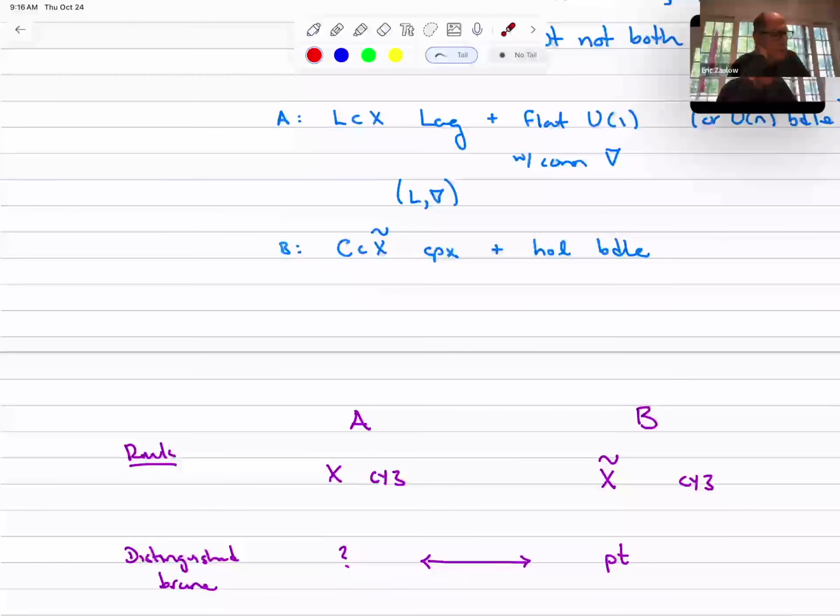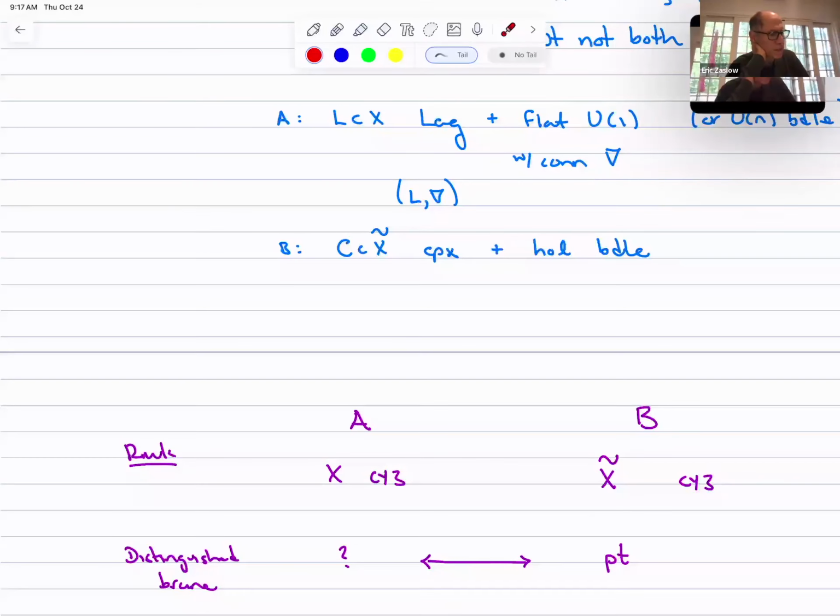Well, X twiddle is a complex manifold. And the branes, the boundary conditions, are submanifolds that are complex. And there's a distinguished submanifold of a complex manifold, which is just the point. And that's a complex submanifold of dimension 0. It's kind of a trivial case, but it's there.